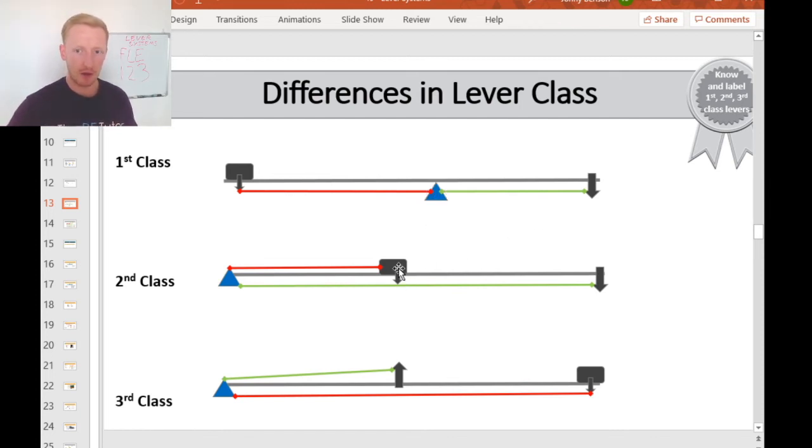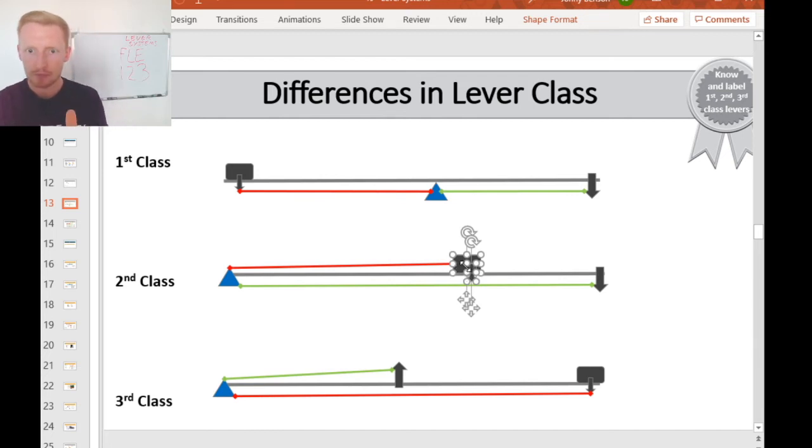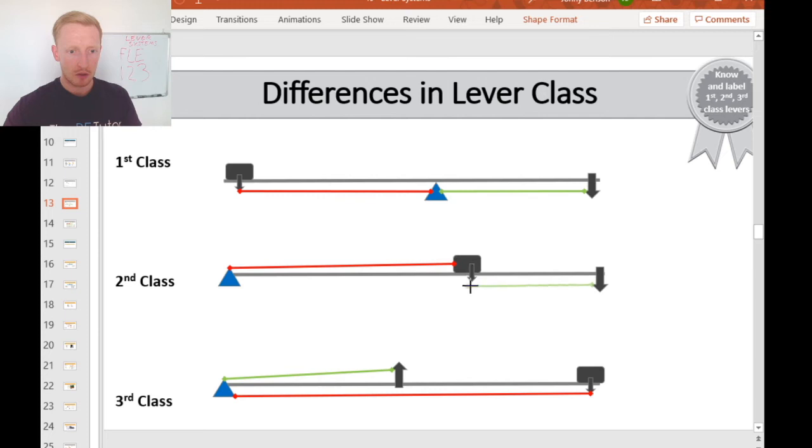Second class lever, FLE 123, load is now in the middle. So if we were to move the load, suddenly that resistance arm is getting longer and our effort arm will have been reduced just by moving where that load sits.